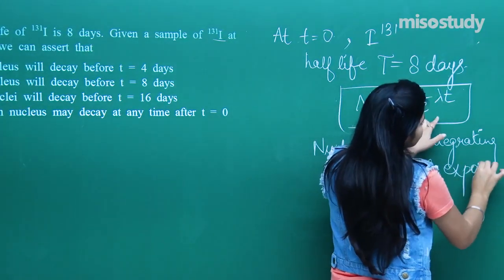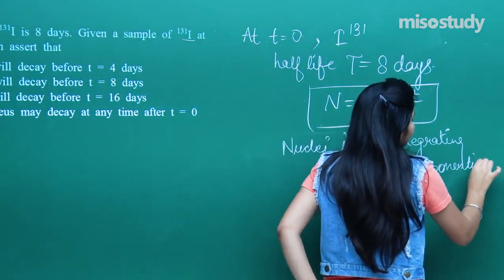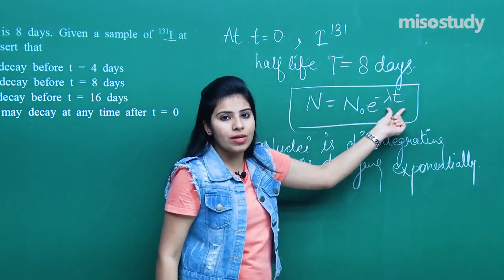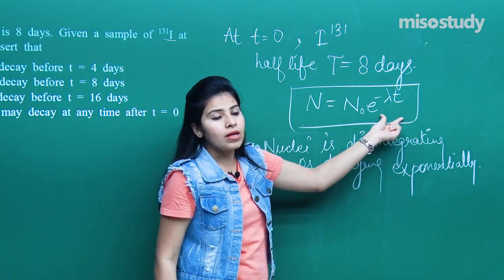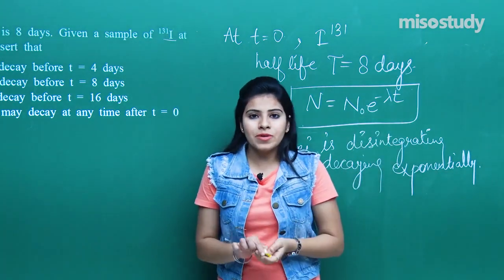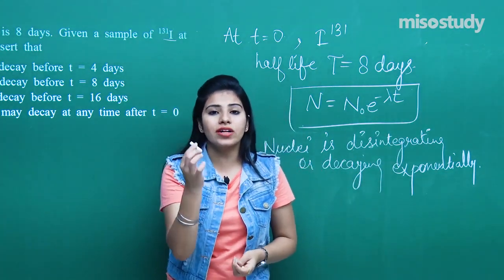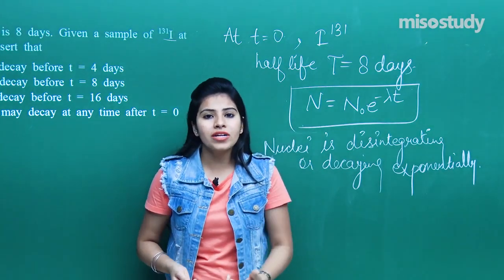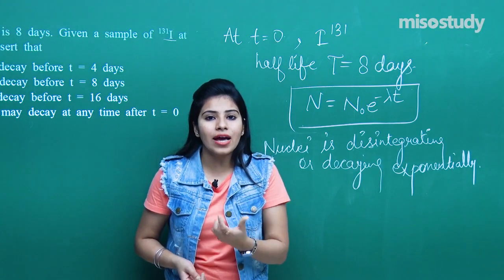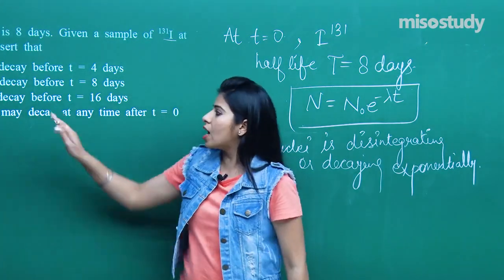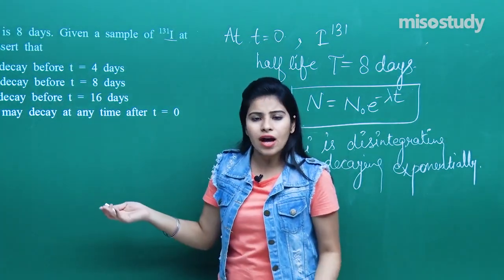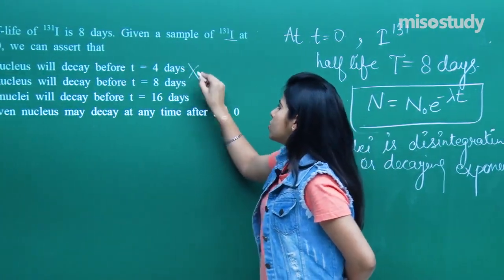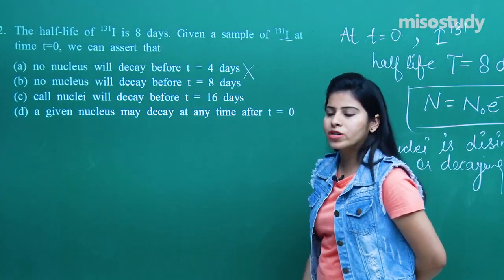You can see from the relation that this is decaying exponentially, because this is an exponential term. So that means the moment you have your radioactive substance before you, it will start decaying. No matter what the time is, it will start decaying. So no nucleus will decay before T equals 4 days cannot be the correct answer. So just remove it.